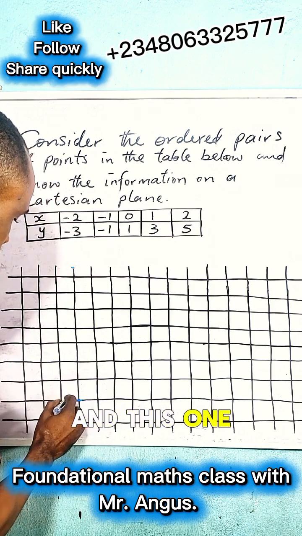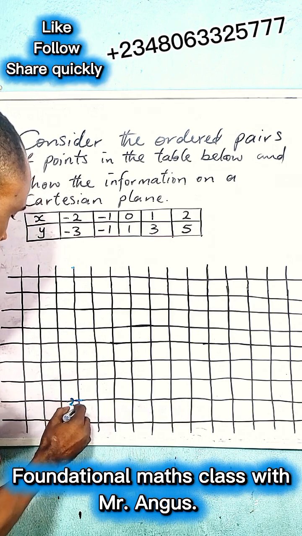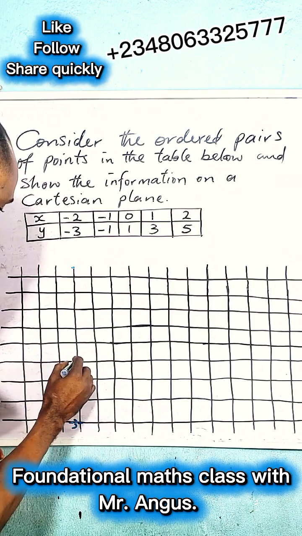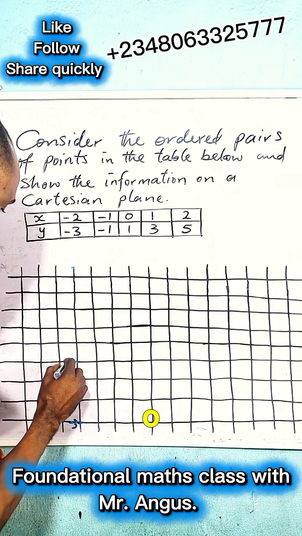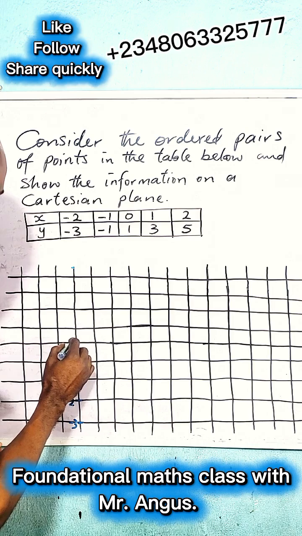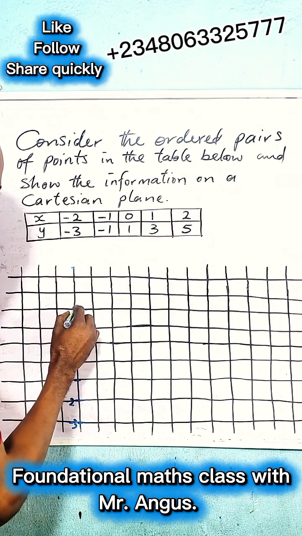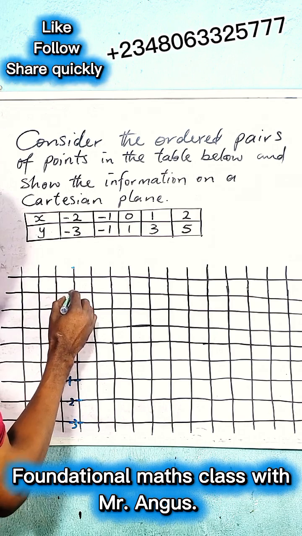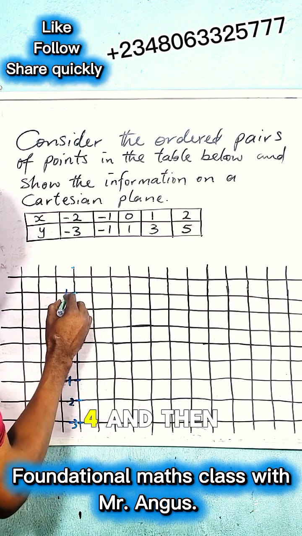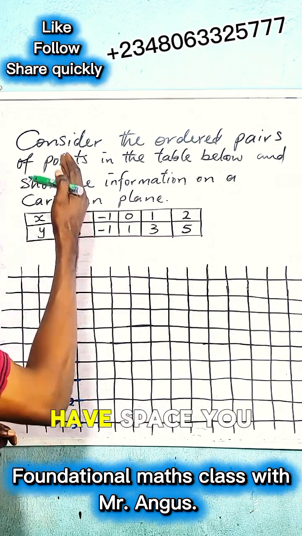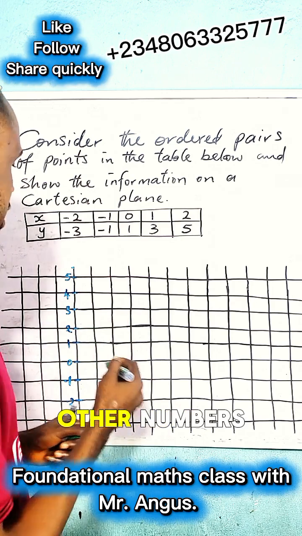And this one -2, -1, 0, 1, 2, 3, 4, and then 5. If you have space, you can continue with other numbers.